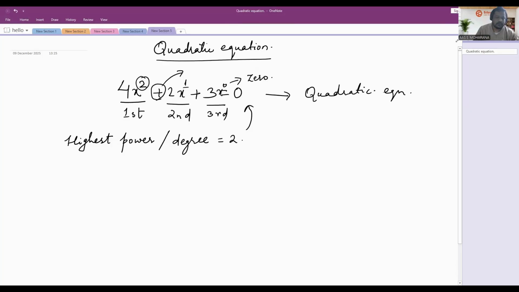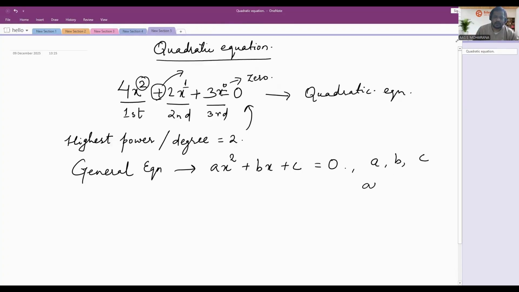Okay, so now we'll see about what is the general equation of a quadratic equation. The general equation is ax square plus bx plus c is equal to 0. Here a, b, and c are the constants.